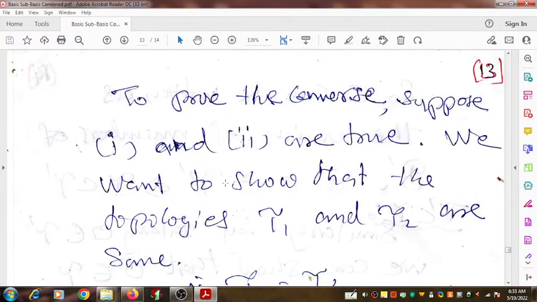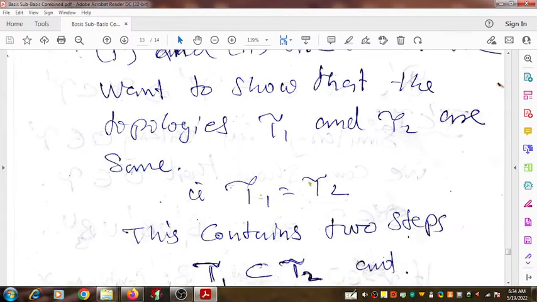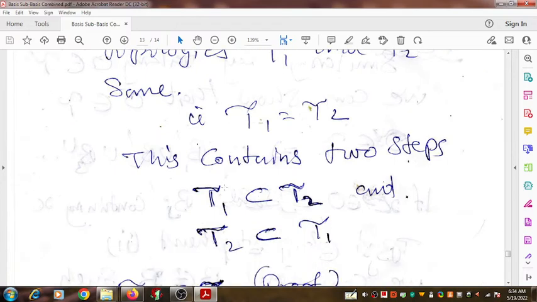But how can we do that? To show that these two bases are equivalent, we want to show that the topologies generated by these two bases are actually the same, or equal. If we can show that the topologies are equal, then we are done. So we will show that τ1 equals τ2.